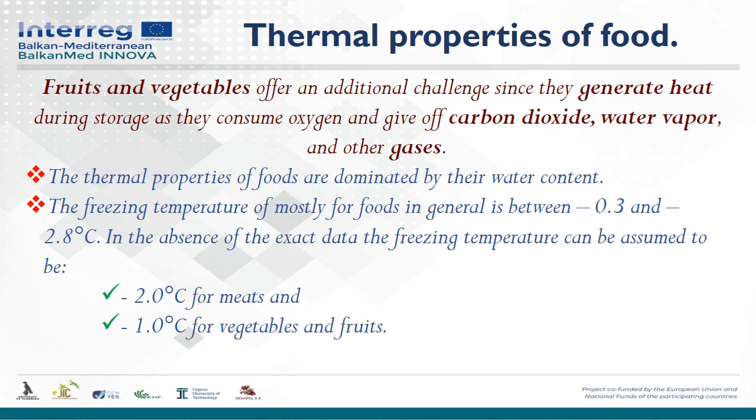In general, the freezing temperature is between minus 0.3 and minus 2.8 degrees. But in the absence of exact data, the freezing temperature can be assumed to be minus 2 degrees for meats and minus 1 degree for vegetables and fruits.